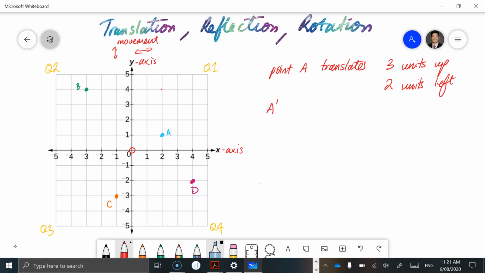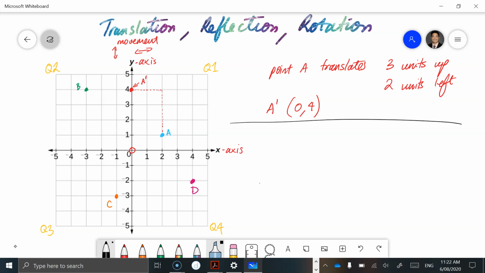And then we need to move it 2 units to the left. So 1 and 2. So this is where the next point ends up. Like I said, 3 units up and 2 units to the left. So the new set of coordinates, once we've translated A, is now at point 0. So x value is 0 and our y value is at +4.